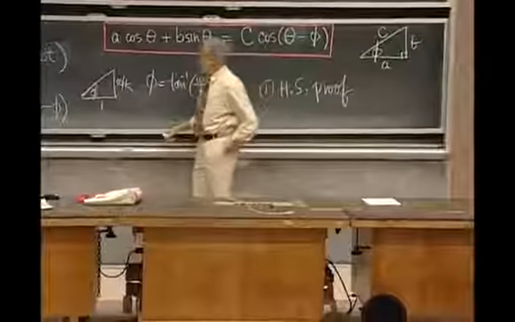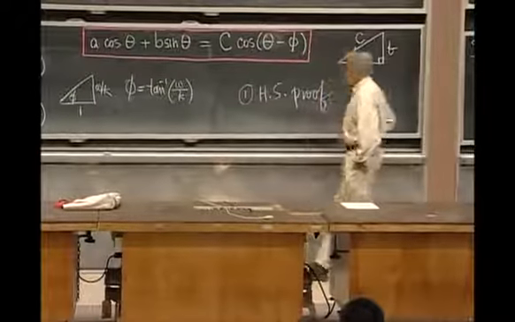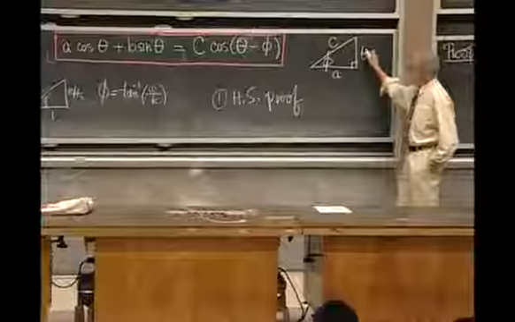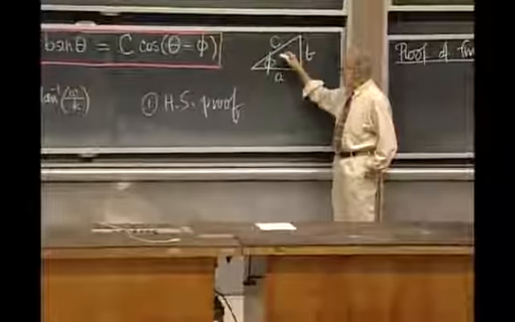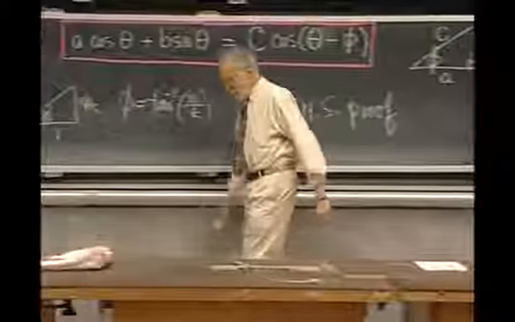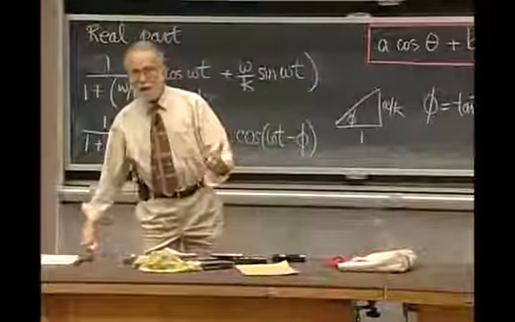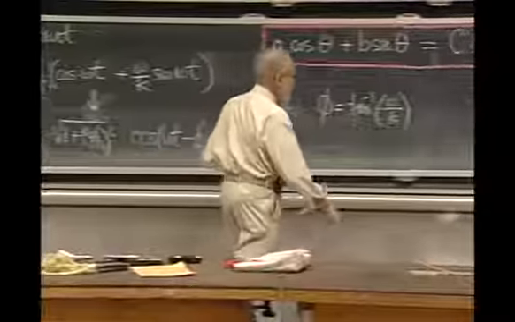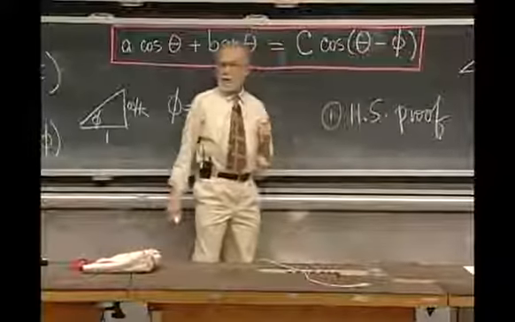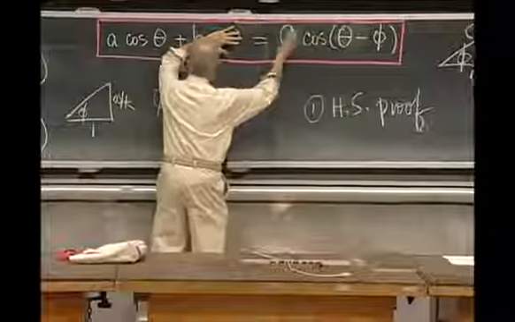It shows you that A turns out to be C cosine phi, and the number B is C sine phi, and therefore it identifies the 2 sides. Now, that's of course correct, and it's the simplest possible argument. The thing that's no good about it is that the direction in which it goes is from here to here.